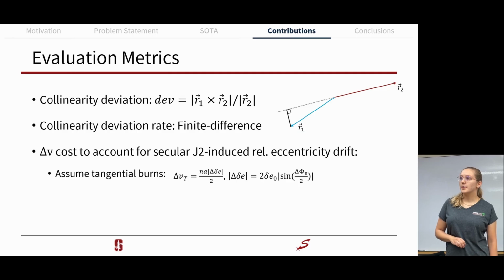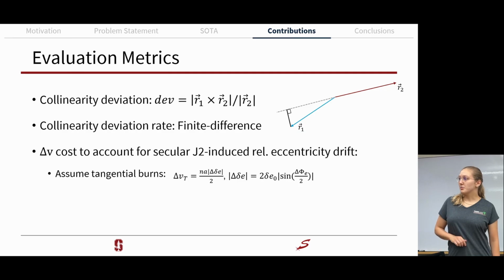So this is the deviation that is proposed as a metric by the original project proposal. And to determine the collinearity deviation rate, I use the finite difference method of the adjacent absolute positions of the deputies. And then I also looked at delta V cost to counteract any secular J2-induced drifts of the relative eccentricity.